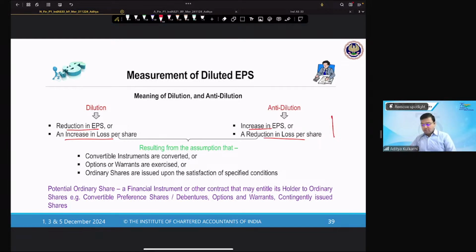So in that sense, I am moving to the future to look at how the EPS gets impacted.